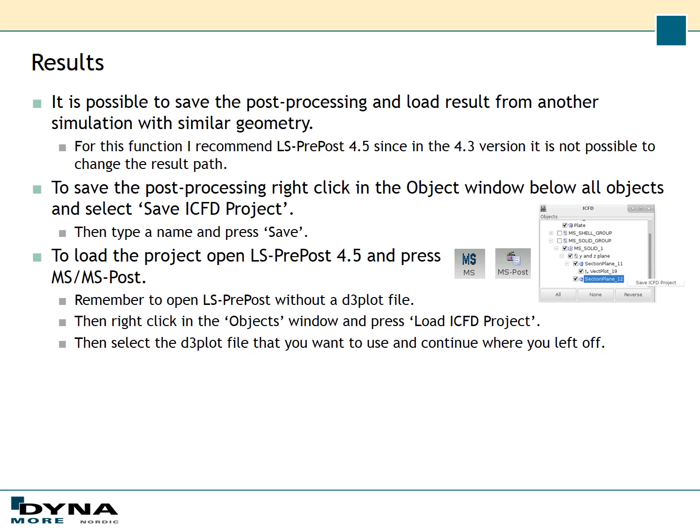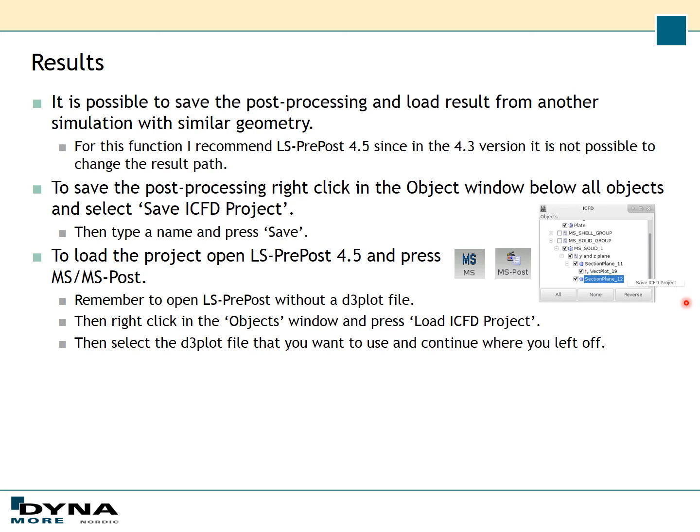And to save the post-processing, right click in the object window below all objects and select Save ICFD project. So below here on the white you can right click and get this menu, then click Save ICFD project, type in a name and press save in the pop-up window, and to load it you have to open LS-PrePost without a d3plot file.